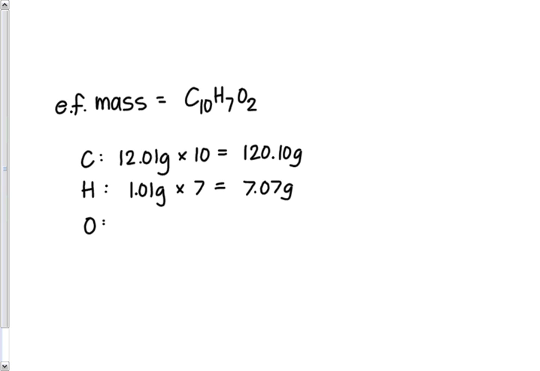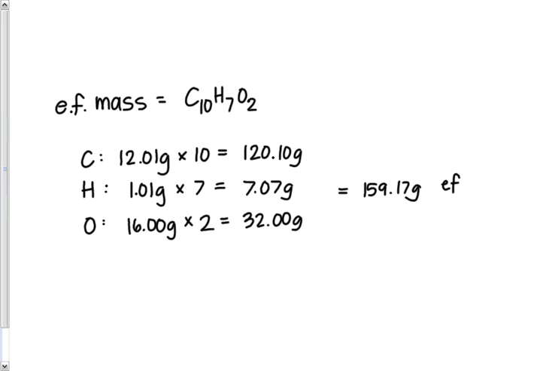And oxygen weighs 16.00 grams. There are 2 of them in the formula. That gives you a total of 32 grams. Your total empirical mass is 159.17 grams. That's your empirical formula mass. That was step 4 for calculating molecular formulas.